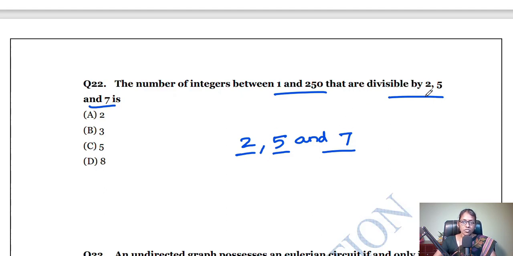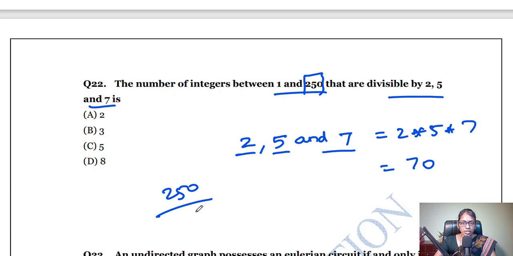In the same way here, 2, 5 and 7, that means 2 into 5 into 7, which is 70. So 250 divided by 70 gives 3. So the number of integers between 1 and 250 divisible by 2, 5 and 7 is 3.